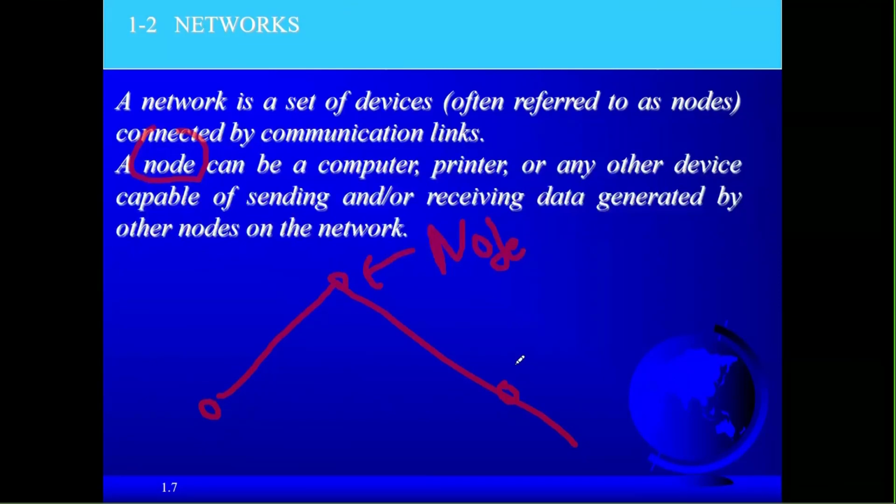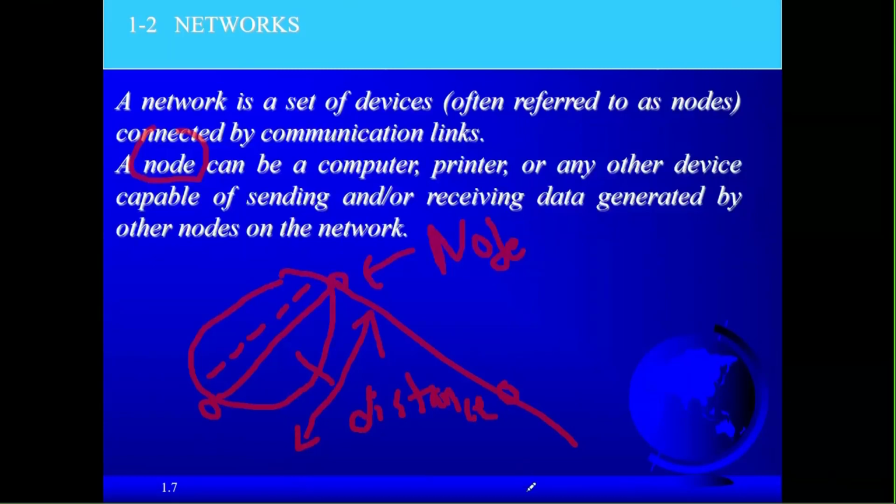So a computer network has different nodes connected to each other, and this line doesn't have to be physical, it could be virtual, like dotted. It means they are connected to each other. And there is a distance between them. When I talk about distance, I'm talking kilometers, not meters, of course. We'll talk about this later on.